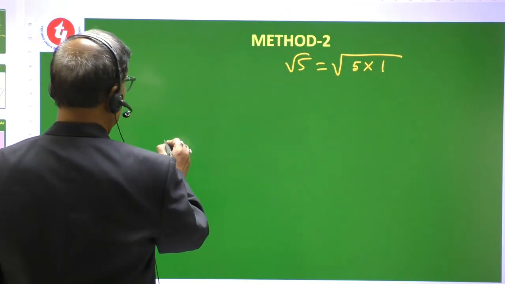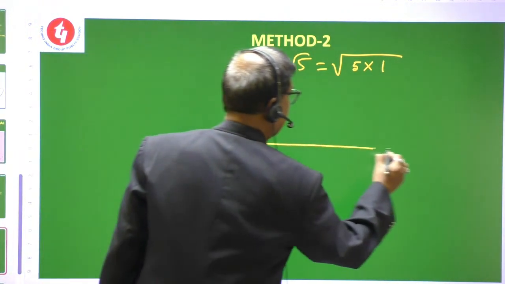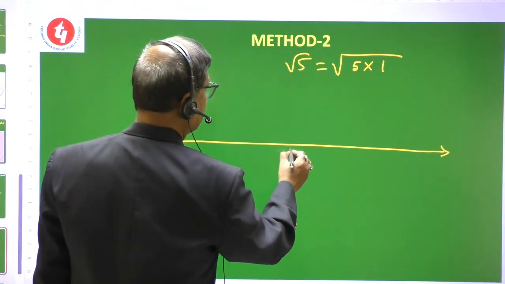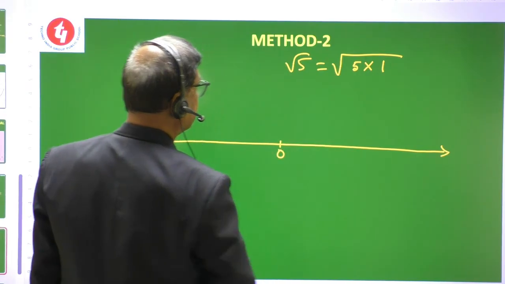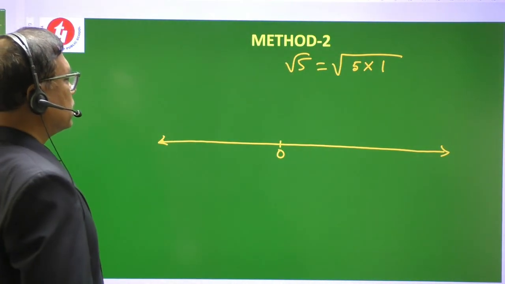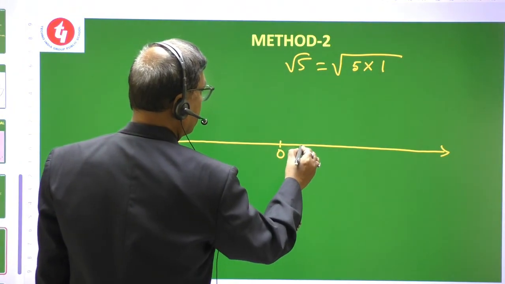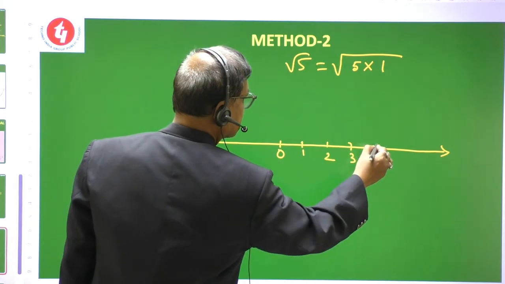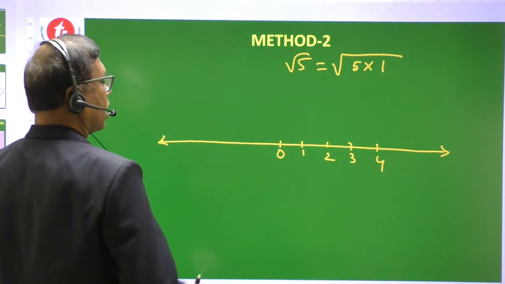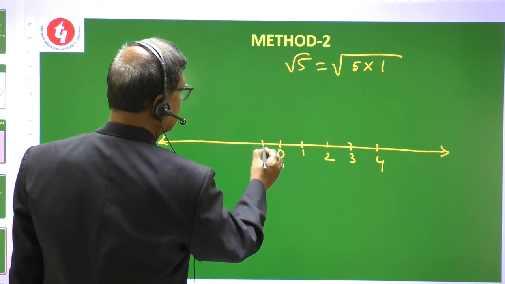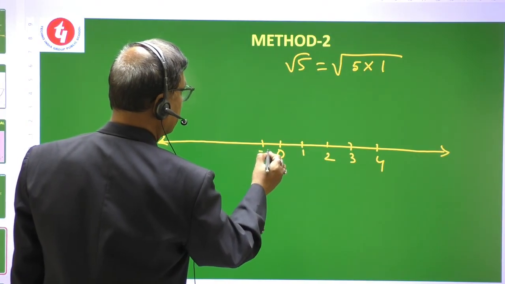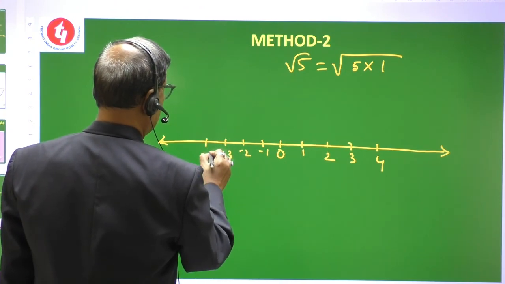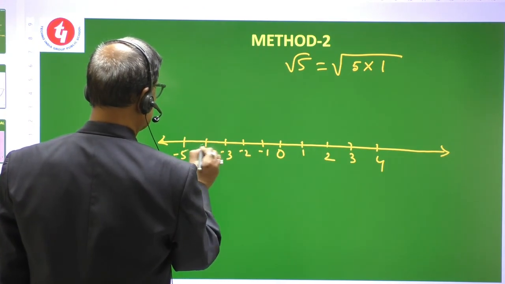Now we'll draw one number line and we'll mark the origin. Now say this is 1, this is 2, this is 3, this is 4, like this. And on the left side of origin, say minus 1, minus 2, minus 3, minus 4 and minus 5.